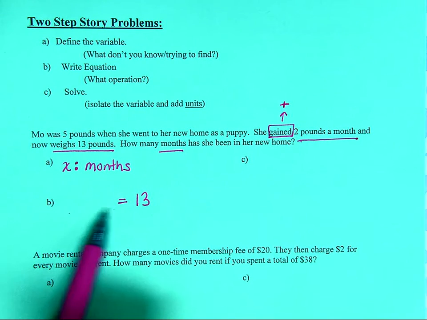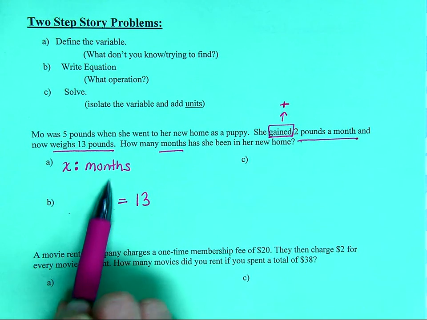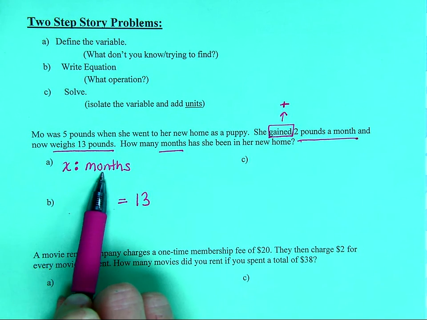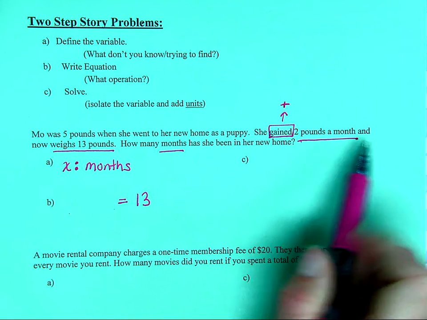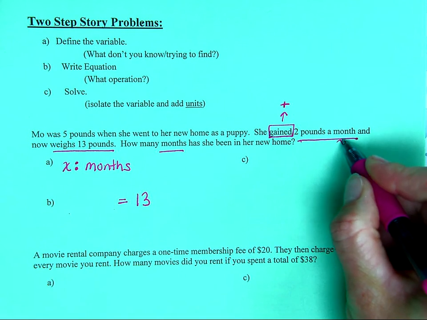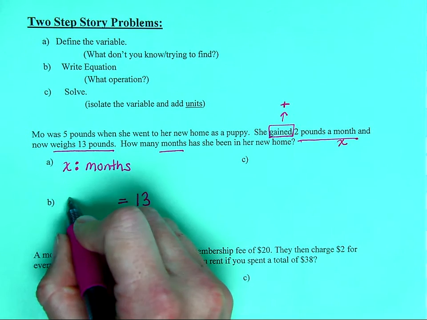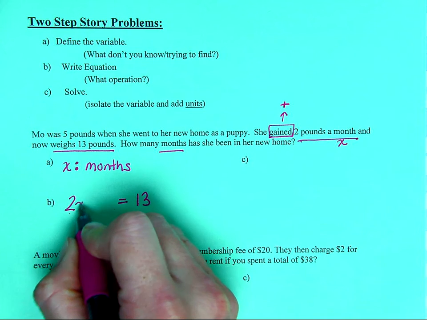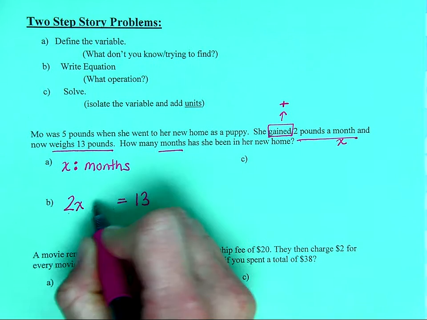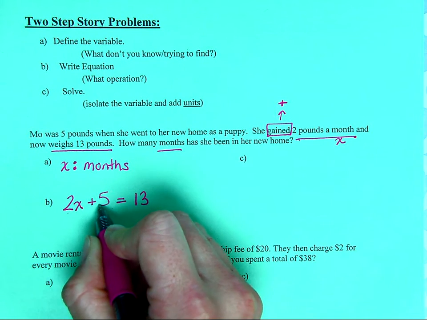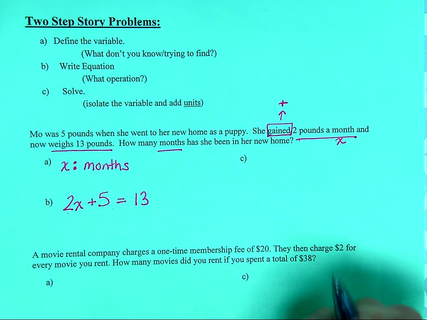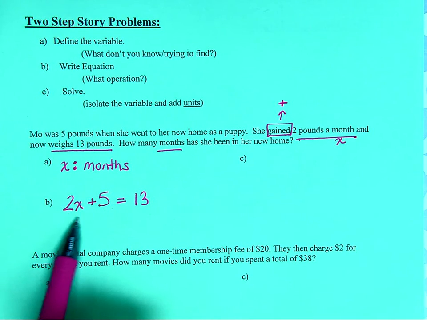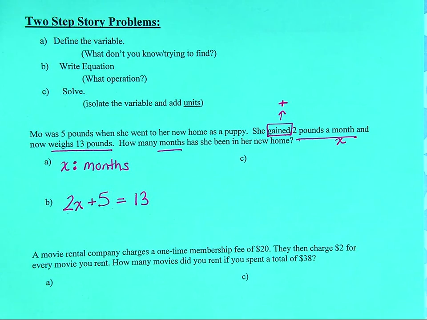So I know one of my terms has to have a variable, and I know my variable is going to have to do with months. So this 2 pounds a month, this is my X right here, my months. So 2 pounds for every month plus what she started with is going to give me my 13 pounds. So 5 pounds plus that 2 pounds every month will end us at that 13 pounds.